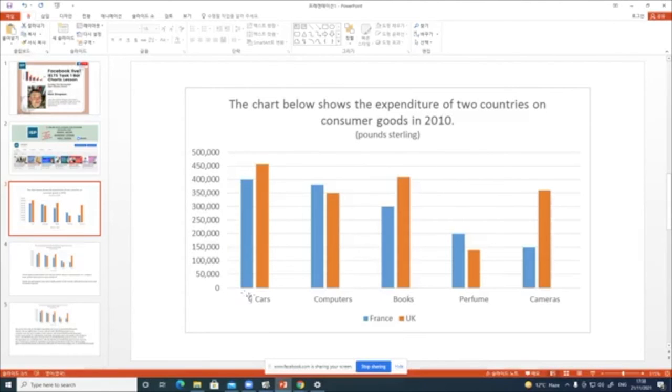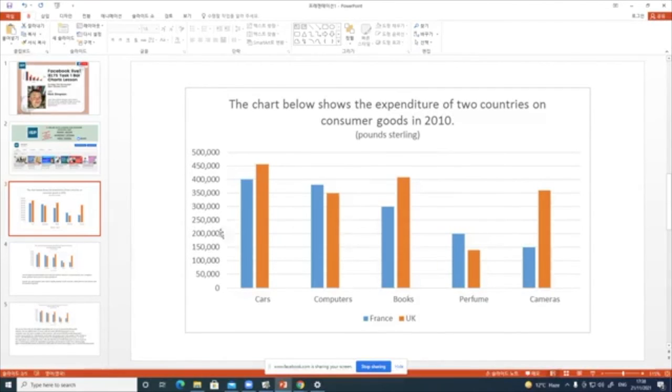We need to identify what the items are. We need to talk about the 2 countries and think about those. We need to see what these numbers mean. Is it percent? Is it pounds? Is it dollars? Is it time? It's pounds. Let's absorb this information before we start writing. Okay. So we need to analyze that first.